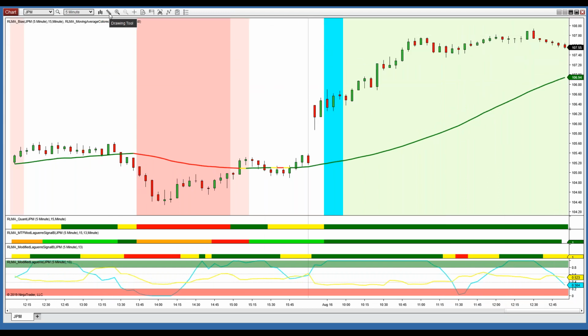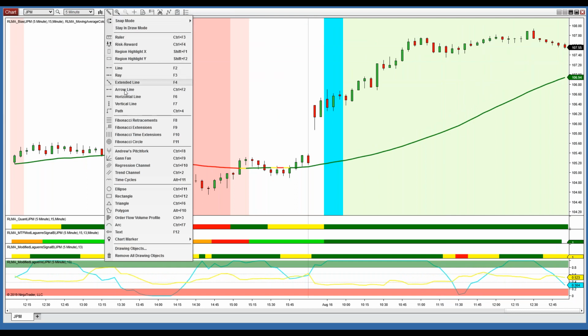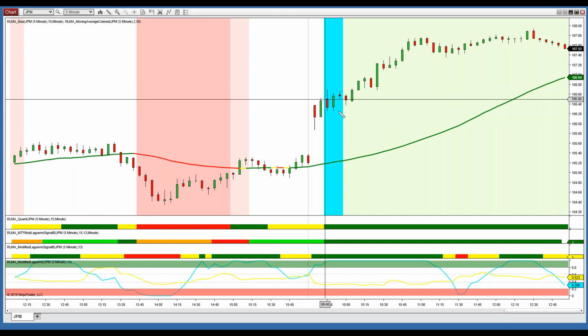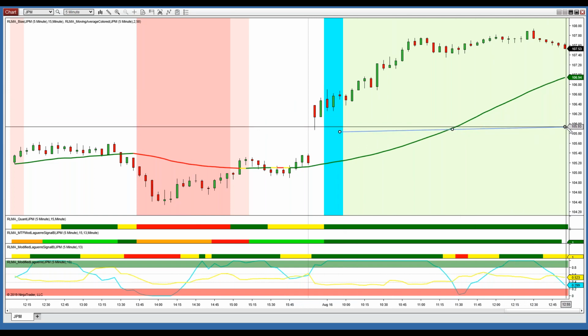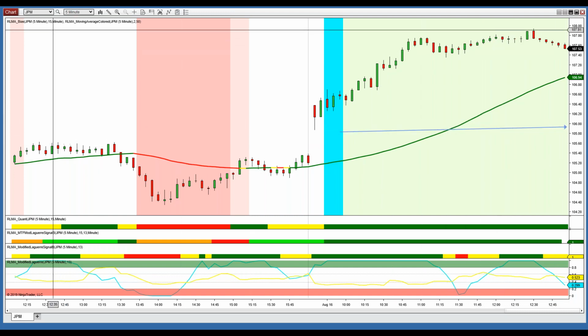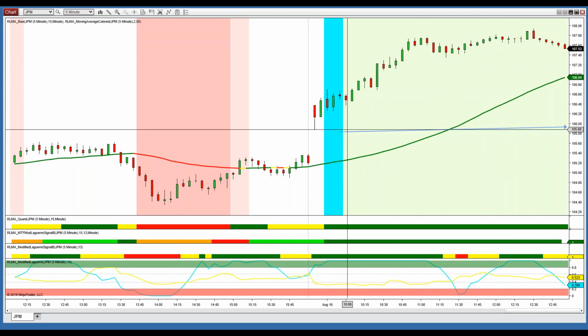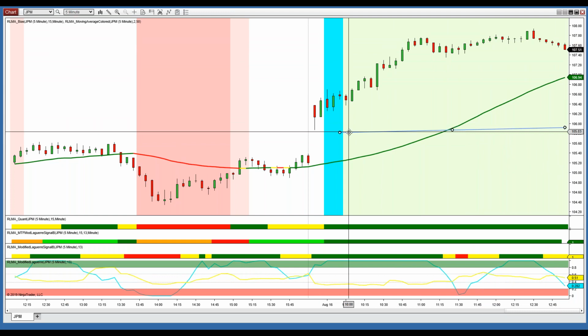The first thing that the analyzer looks at is the green background, which is really what I believe to be the most important variable there is. It's right here. What this tells us is that JP Morgan is in a multi-time frame uptrend.